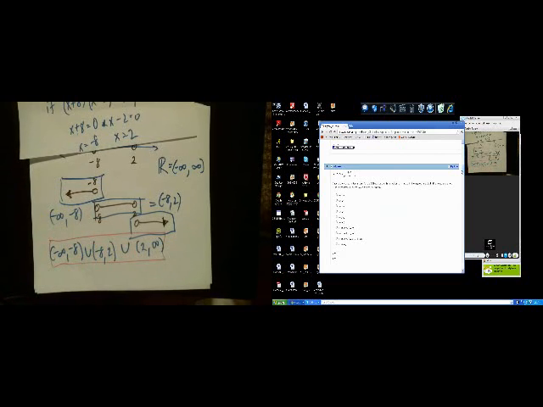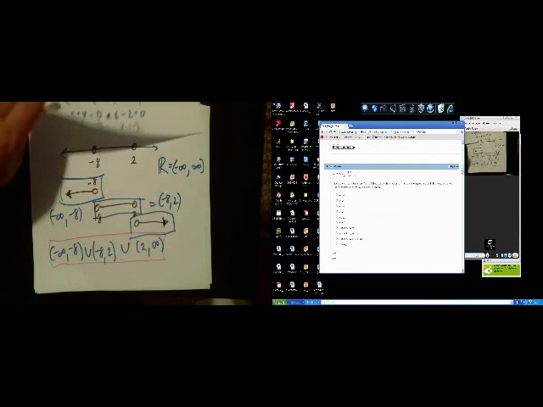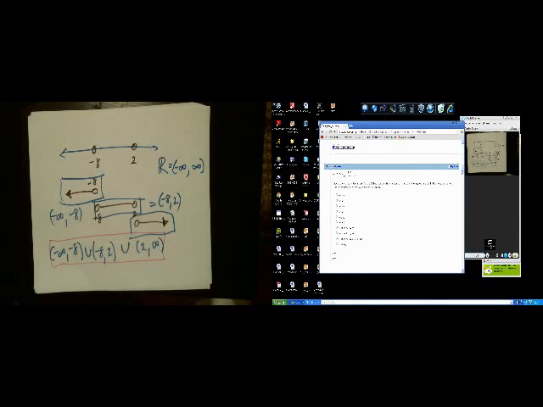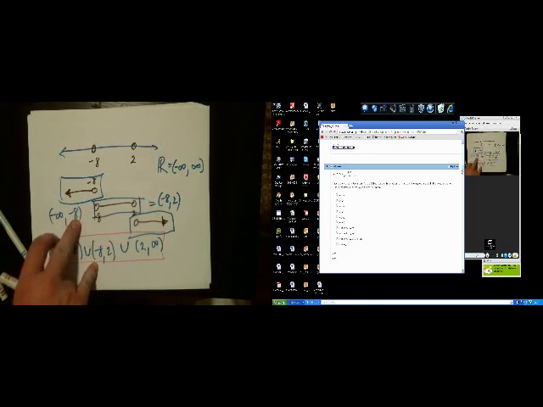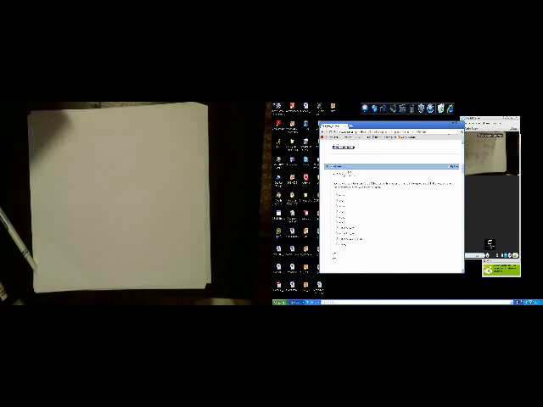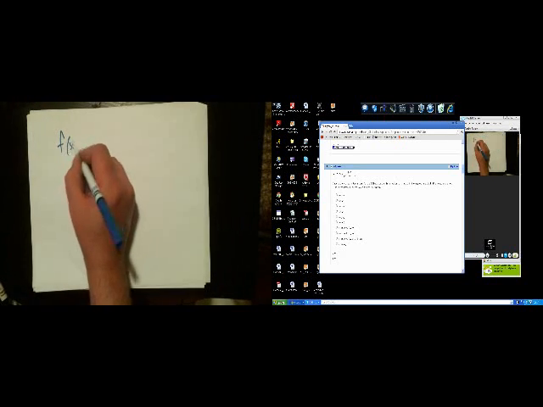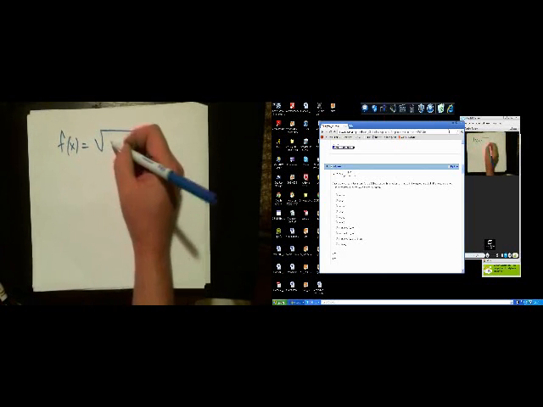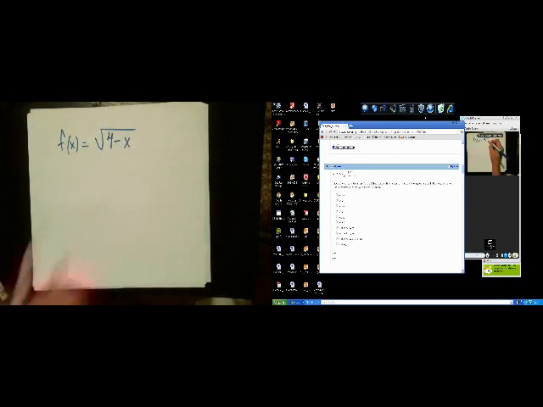And then we would use the bracket if it was a less than or equal to kind of thing, right? If it was included as a possibility. A good example of when you're going to do that is with a square root. What if I asked you, what's the domain of f of x equals the square root of 4 minus x?